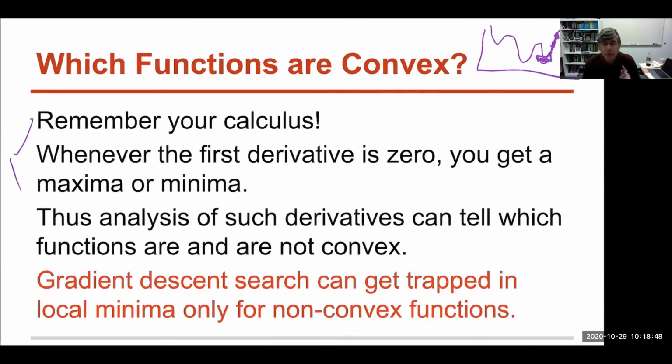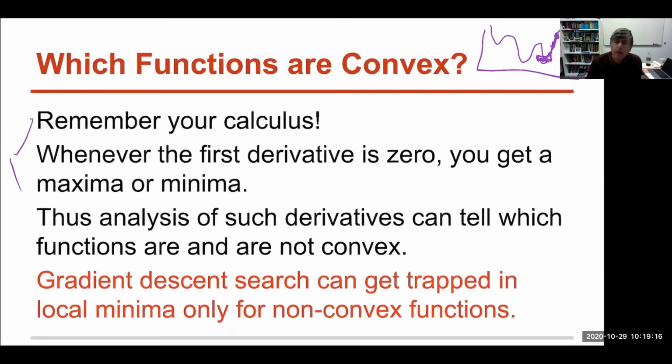If your error function is not convex, you don't necessarily end up with the parameters that best minimize error. But that doesn't mean you don't get results that do a pretty good job. In deep learning, the functions people are trying to optimize over the parameter space are not convex.